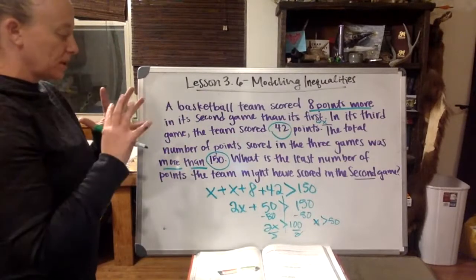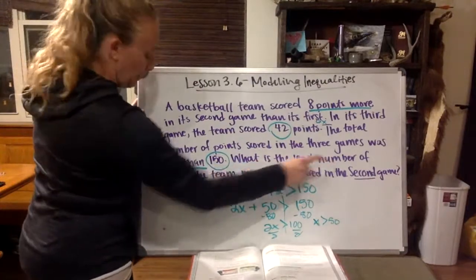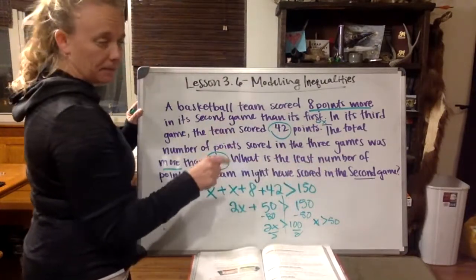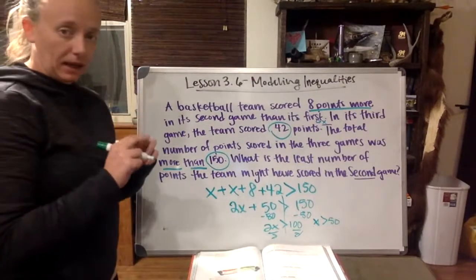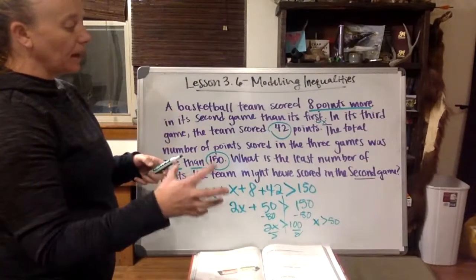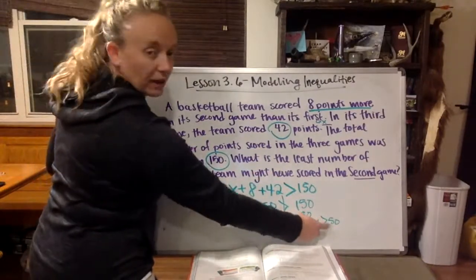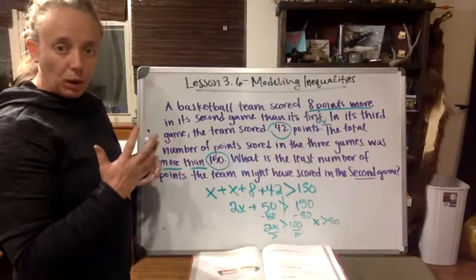So now let's focus on the problem and the task at hand. What is the least number of points the team might have scored in the second game? So if the first game has to have more than 50 points, the smallest number that could be is 51.